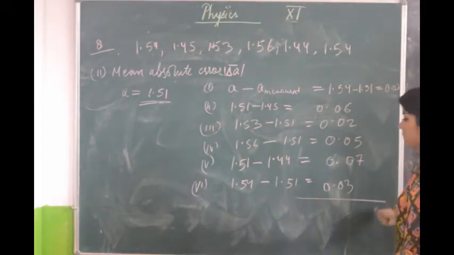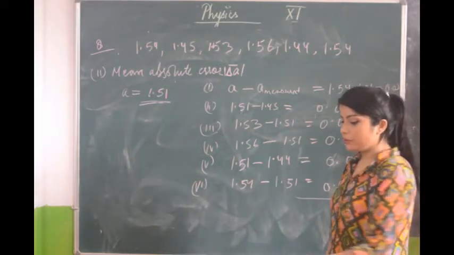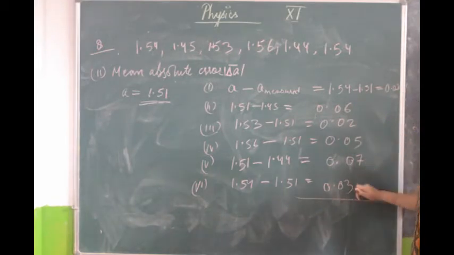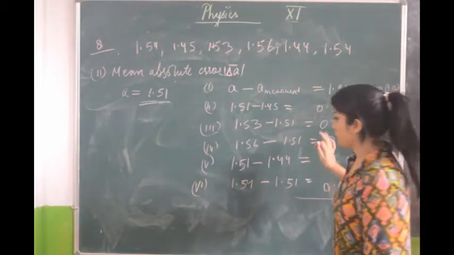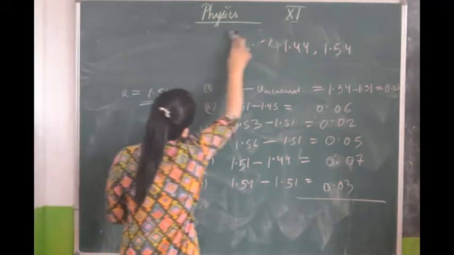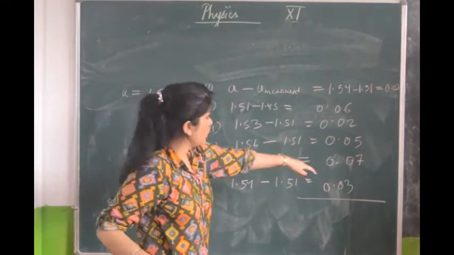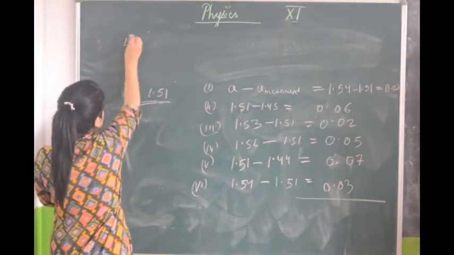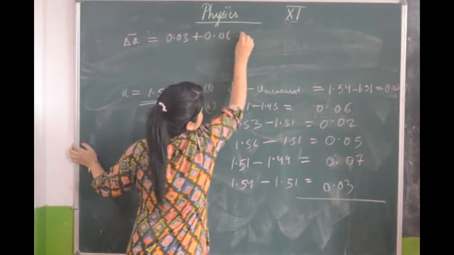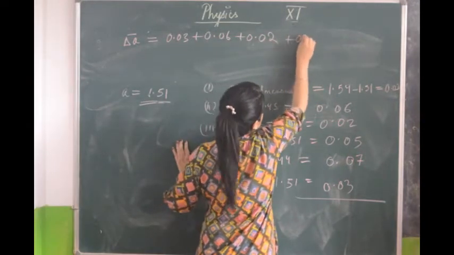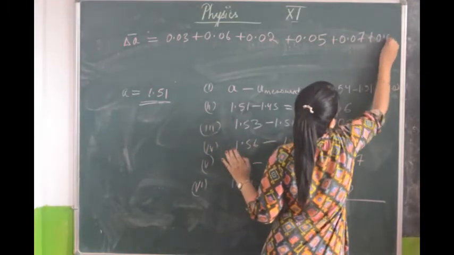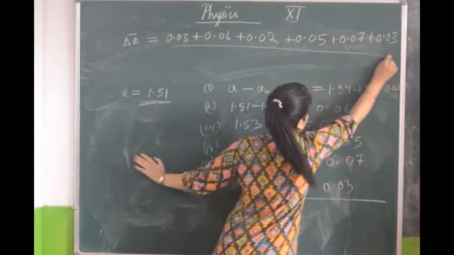Now we have to do the mean. How do you find the mean? The formula was to add all these numbers and divide it by the number of observations. So when you find the mean, you add all the numbers and divide it by the number of observations.